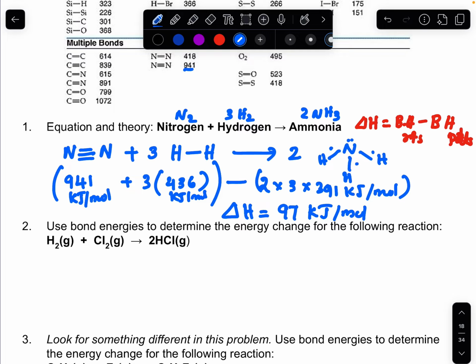Let me double check the calculation. So it is 941 plus 3 times 436 minus 6 times 391.